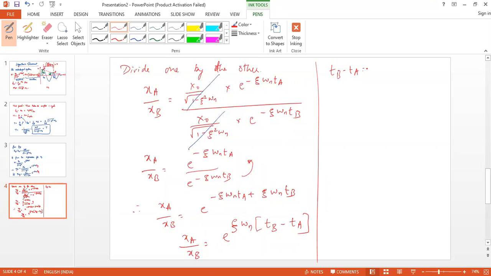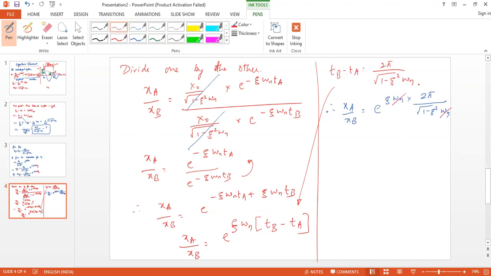But CB minus CA is 2 pi by root of 1 minus beta square omega n, right? So I substitute this here. Therefore, XA by XB is equal to e power beta omega n multiplied by 2 pi by root of 1 minus beta square omega n.